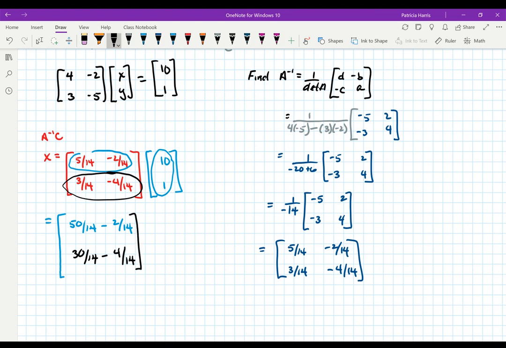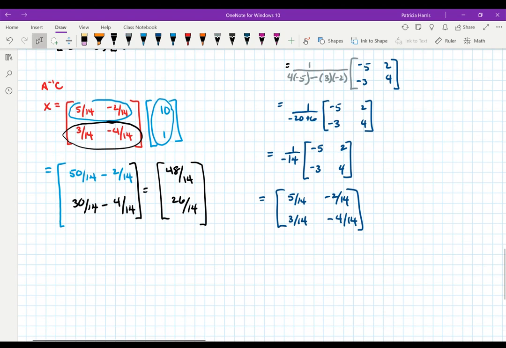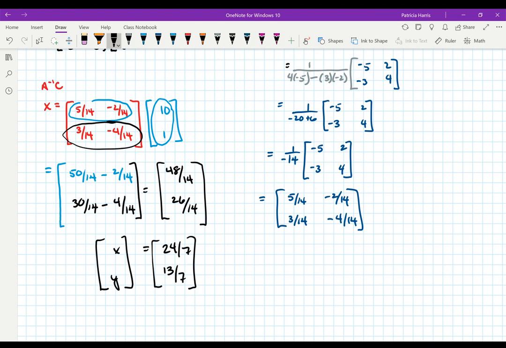So that would be 48 over 14, and then 26 over 14. If I reduce my answers, I get 24 over 7, and then 13 over 7. And this is x and y. And that's how you solve a system of equations by using matrices and the inverse matrix.